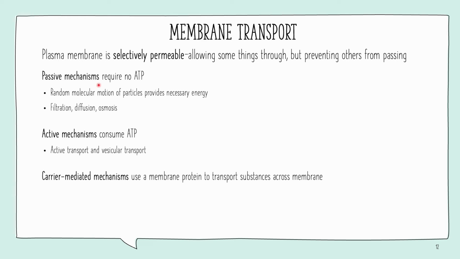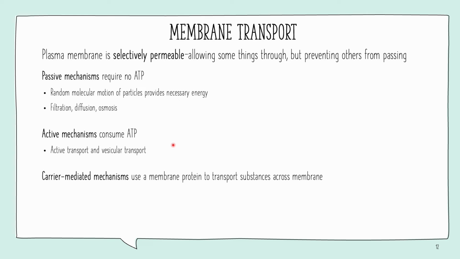Passive mechanisms require no ATP. That's something we'll go over later. Random molecular motion of particles provides the necessary energy. Then you have filtration, diffusion, and osmosis. Those are passive mechanisms that require no ATP.